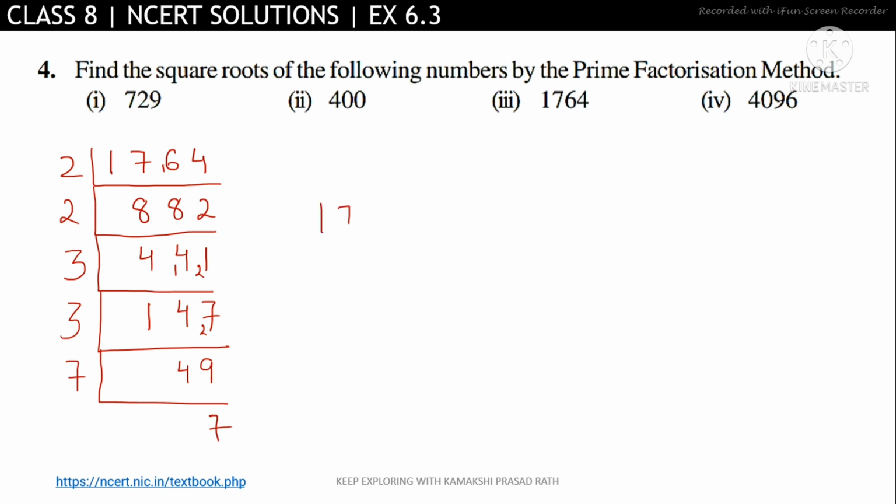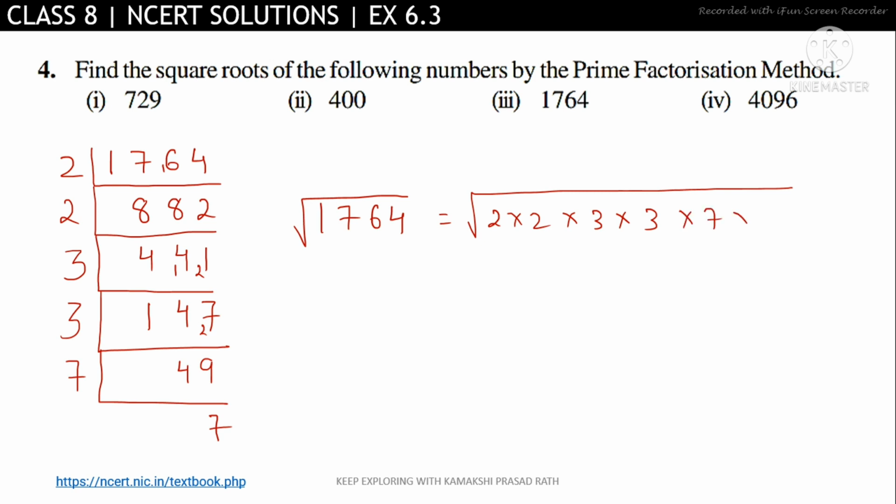So here we'll find the square root of 1764. Hence we put the prime factorization. So 1764 is nothing but 2 into 2, 3 into 3, and 7 multiplied by 7. We'll pair it first. So 2, 3 and 7 are paired now.